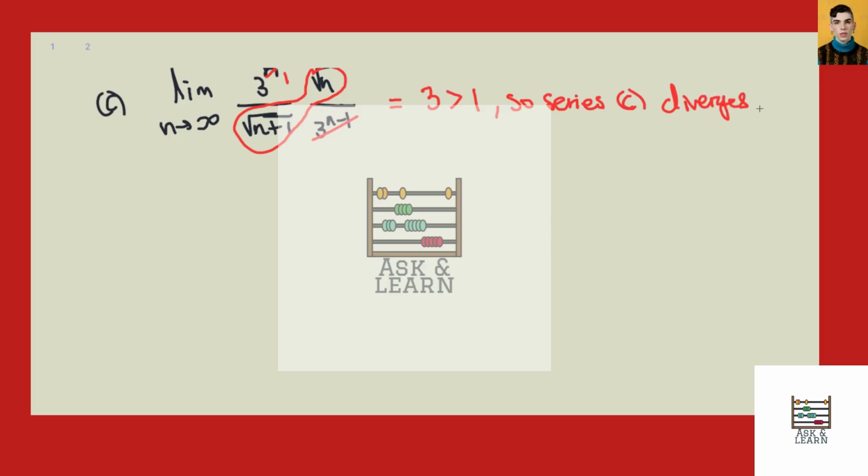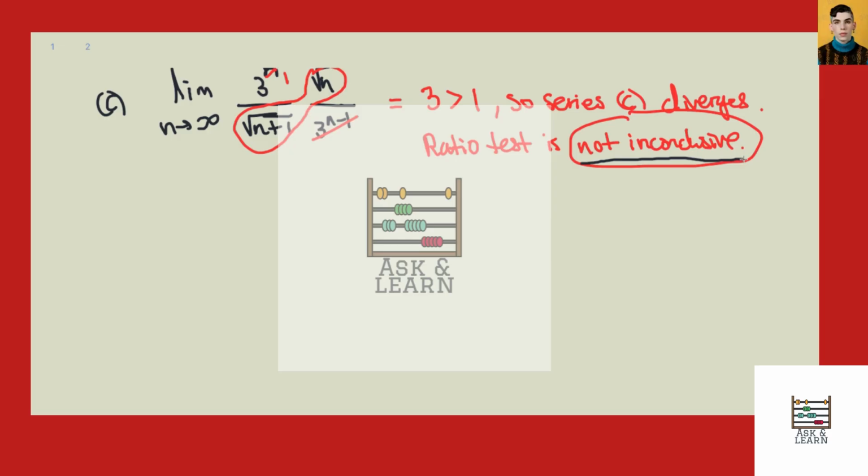And in particular, we see that the ratio test is not inconclusive here. That's for part C. So that's the first one that we've come across where the ratio test was not inconclusive.